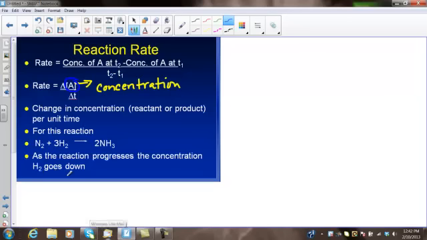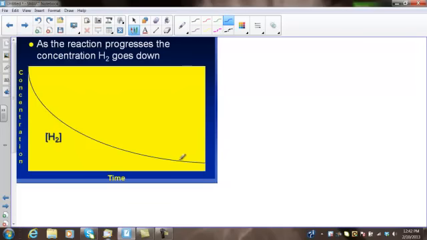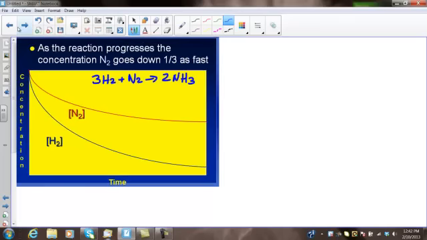So anytime I put something in square brackets, it's the concentration of that species. We're going to get to this in your notes, but I just want you to listen right now. We're going to look at this reaction between diatomic nitrogen and diatomic hydrogen to produce ammonia. As the reaction proceeds, the concentration of H2 is going to go down. That makes sense. It's being used up. The concentration of N2 is going to go down 1/3 as fast.